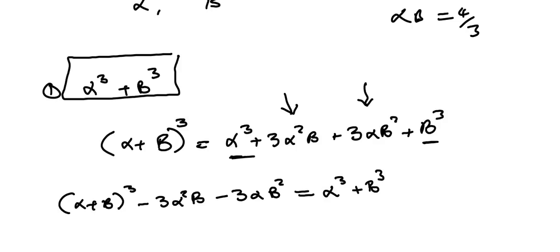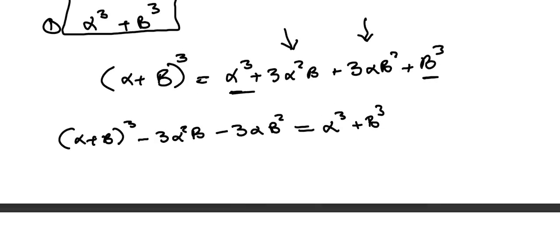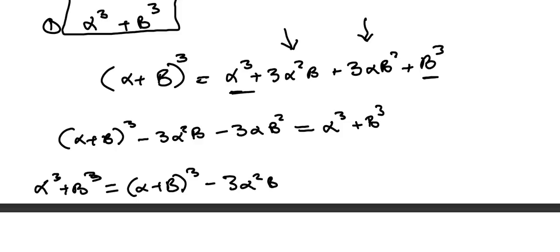So at least now we have an expression for alpha cubed plus beta cubed. It is alpha plus beta cubed, then minus 3 alpha squared beta minus 3 alpha beta squared.